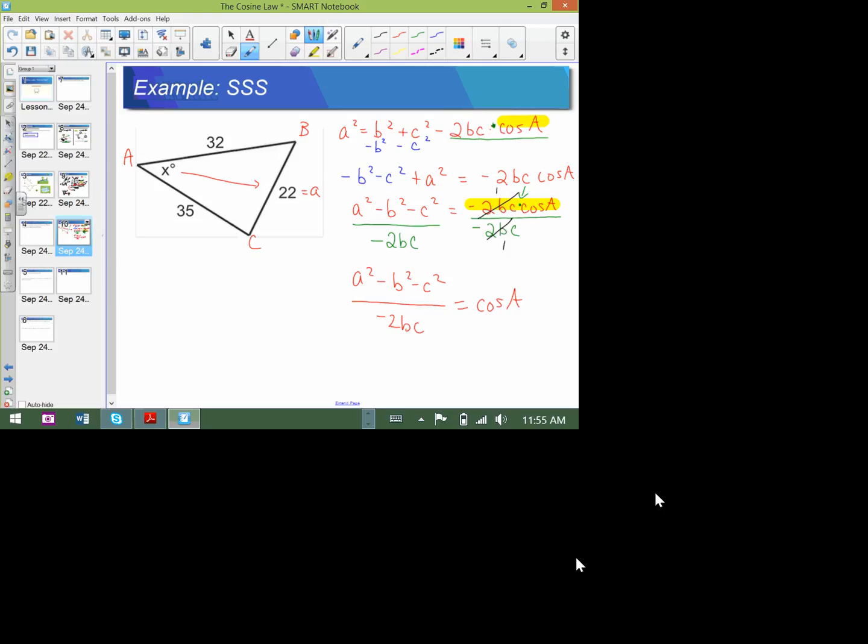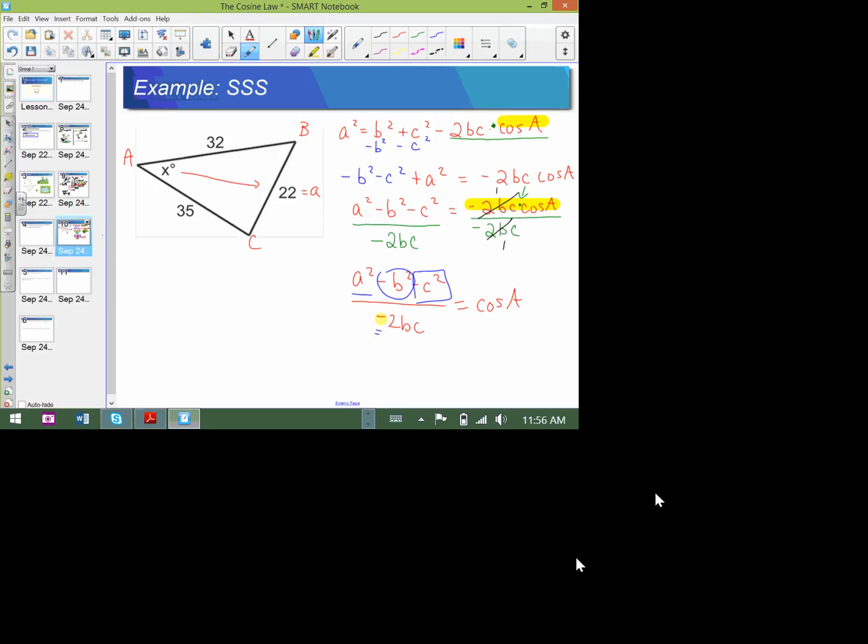A couple more things. The negative that we have here would be kind of nice if it were positive. So here's a suggestion: why don't we take every term in the whole numerator, a squared, negative b squared, and negative c squared, and divide those by a negative?